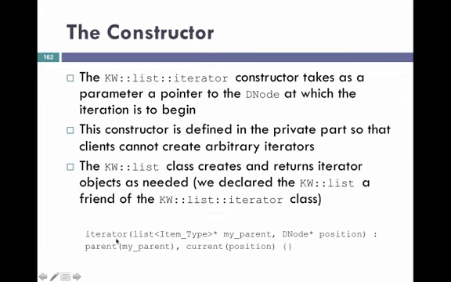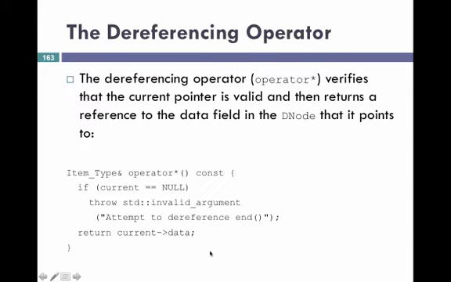So here's a constructor for an iterator that takes parent, a pointer to a list, and position, a pointer to a node, and it just assigns those inputs to parent and current. And the dereferencing operator verifies that the current pointer is valid, and then it returns a reference to the data field in the D node that it points to.